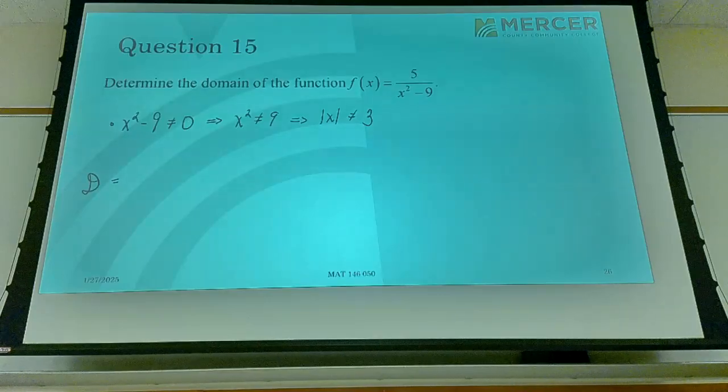Again, two ways to write it. Set notation. Technically, you should write: the set of all real numbers x such that the absolute value of x is not 3.